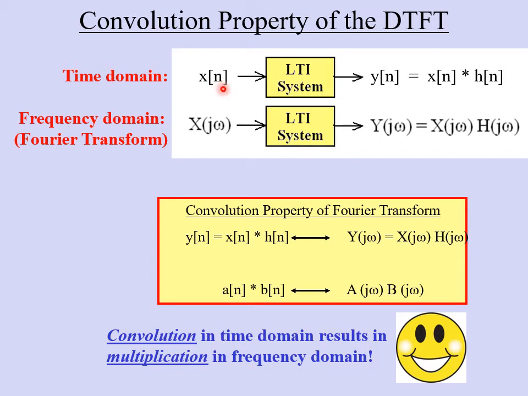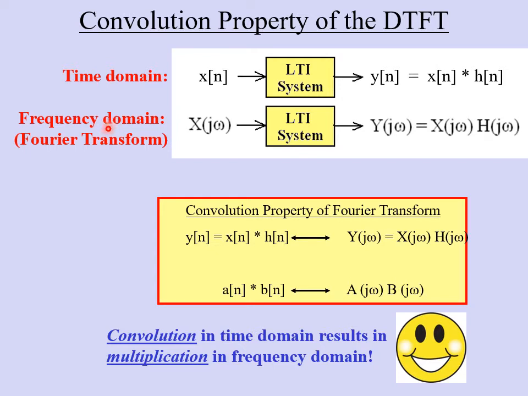We send an input sequence x of n into the system. Then the output of the system is given by the convolution of x of n and the impulse response h of n. And here again, this asterisk or star symbol means convolution. Take the convolution of these two.